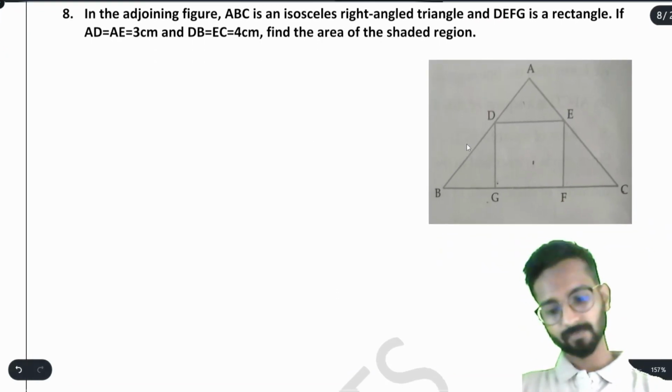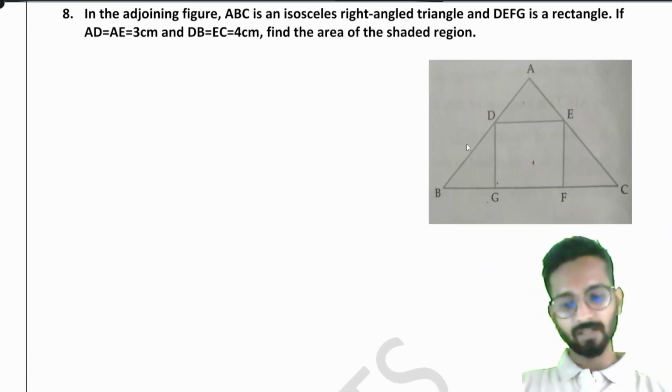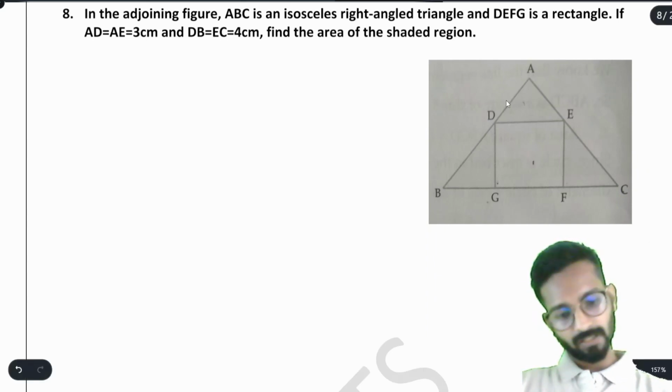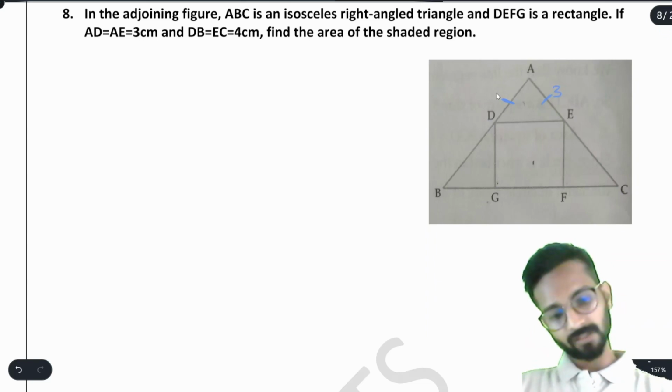Check. In the adjoining figure, ABC is an isosceles right angle triangle, and DEFG is a rectangle. If AD is equal to AE, this and this are equal, which is 3 centimeter, 3 centimeter.